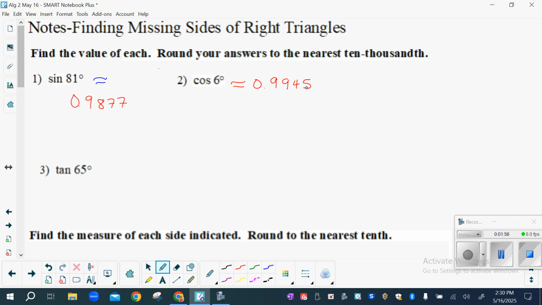Please help each other with the calculators. Are we okay with the calculators and getting those numbers? Because we're going to be using that today, so you need to be able to do that on your calculator.